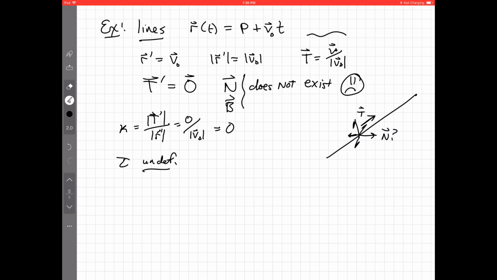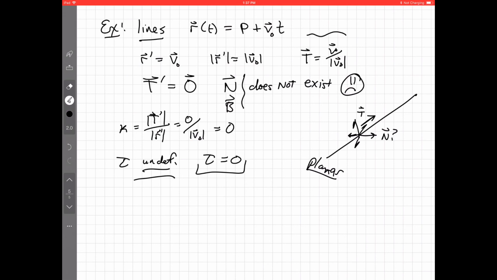From our setup, we don't have a way to define torsion because we have no normal vector, although really, secretly, torsion from a broader perspective is 0 because this thing is planar, right? If we are more careful with definitions, it would come out to be that. So for us, torsion is undefined according to some viewpoints.